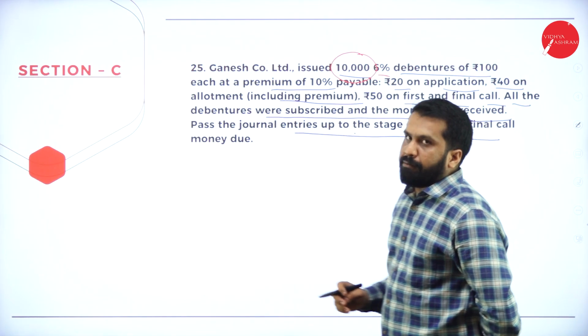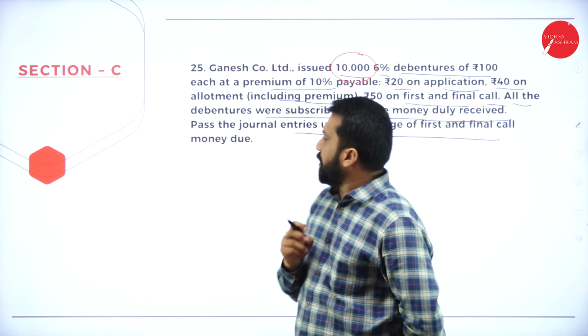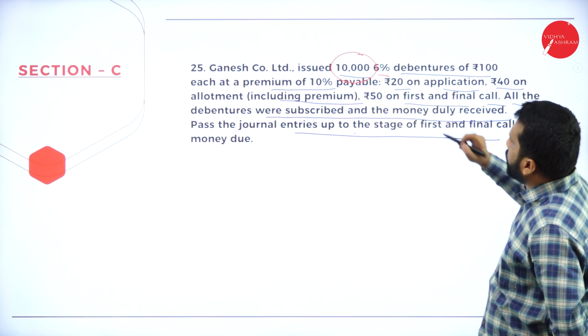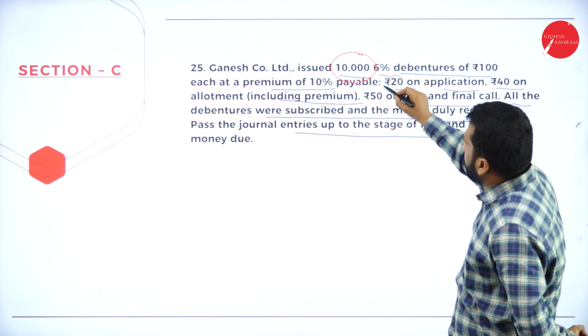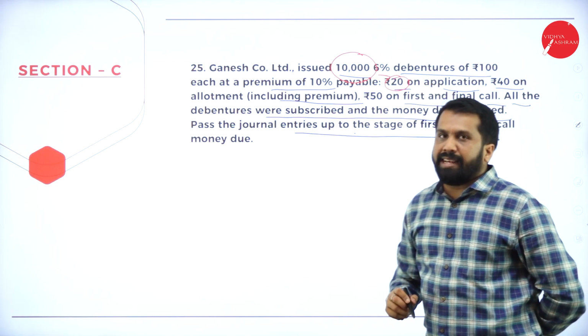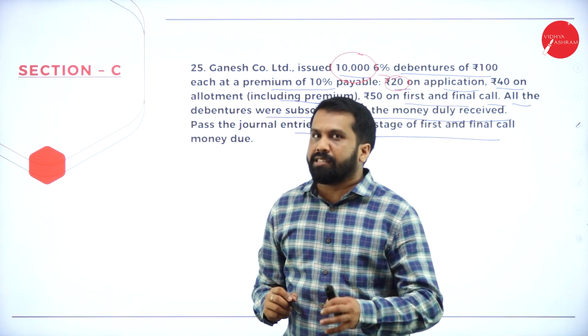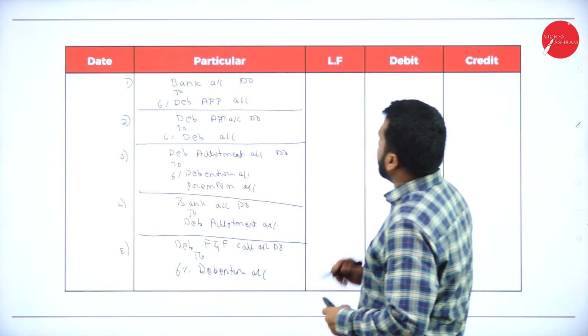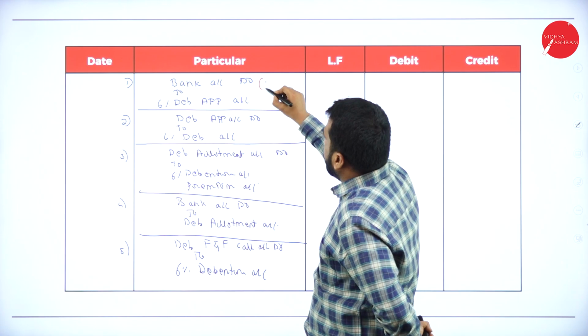In this, the first calculation will be how many debentures you have? 10,000. What is the application money? 20. 10,000 into 20 you are supposed to calculate.